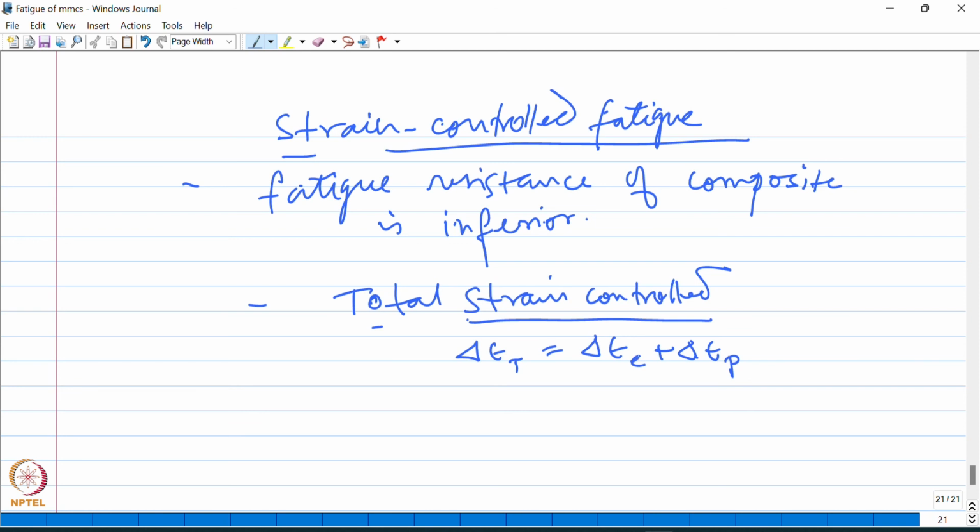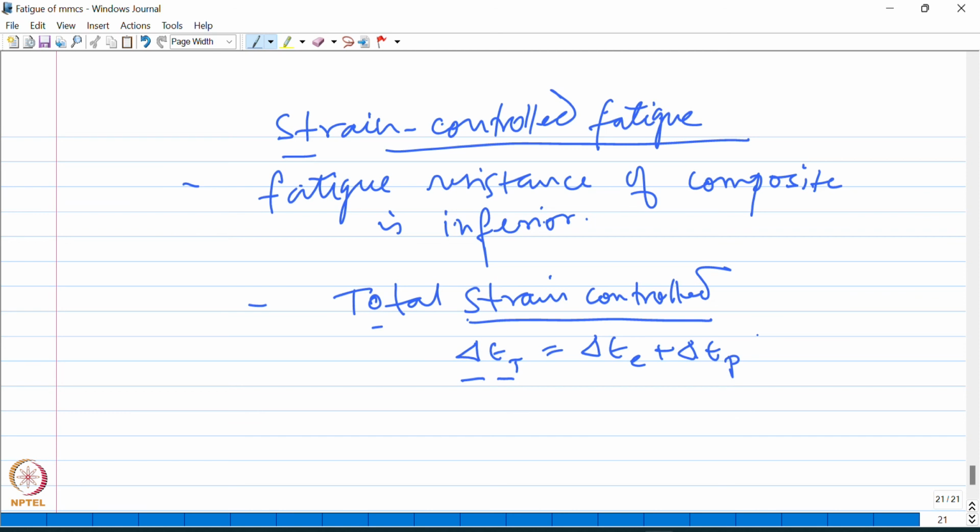In the composite material, because of its higher elastic modulus, the elastic strains are lower, and as a result the plastic strains will be higher because we are talking about a total strain controlled fatigue test. Due to the higher plastic strains in the composite, the fatigue damage is higher, and as a result the fatigue resistance is inferior.